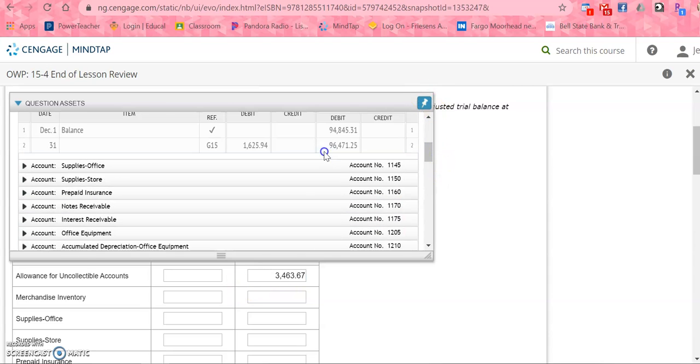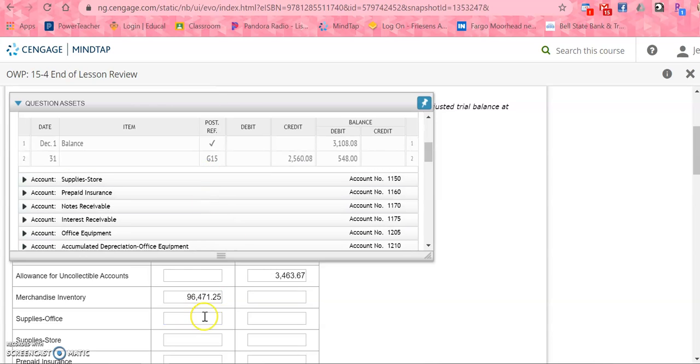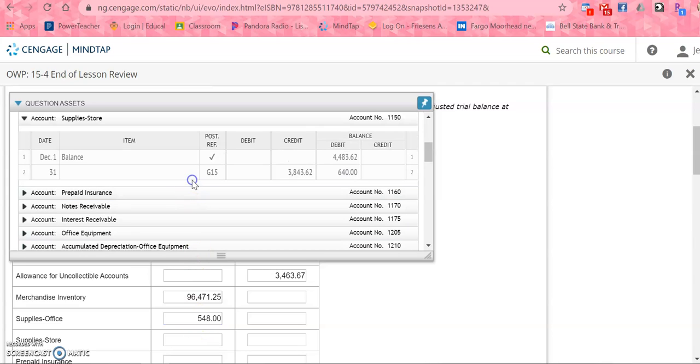Merchandise inventory. This should follow right along with our chart of accounts that we have here, our general ledger, I should say, up here. A debit of $96,471.25. Supplies office, debit of $548. Supply store, debit of $640.